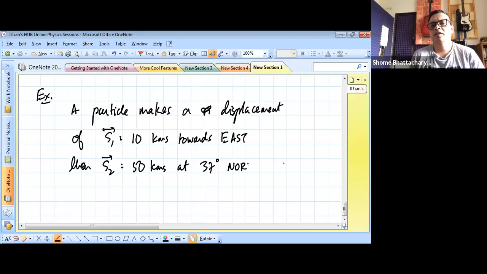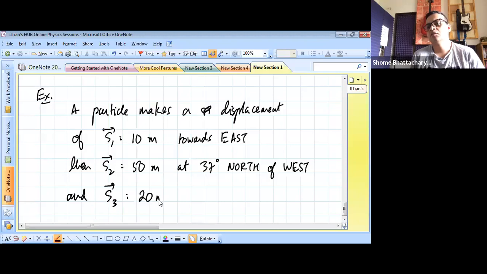And let's change this to meters instead of kilometers. And finally, S3, which is, let us say, 20 meters vertically upwards.